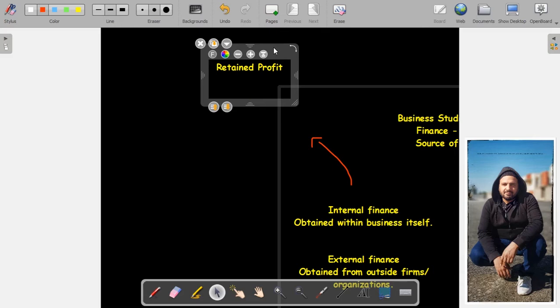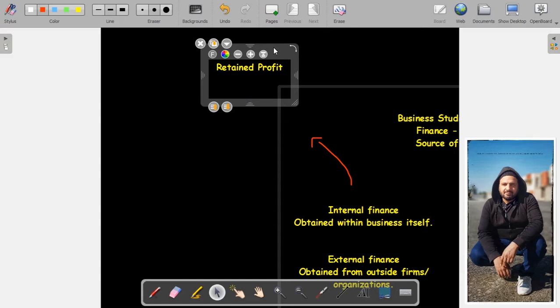They're not just going to put it in the stores or wherever, or store it in the banks. They're going to use it as capital. And most of the time, they refer to this type of internal finance as plough back profit.